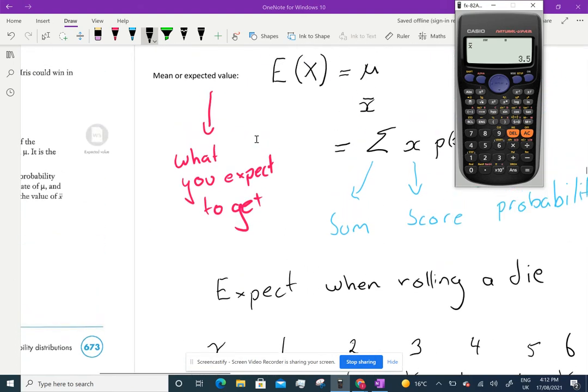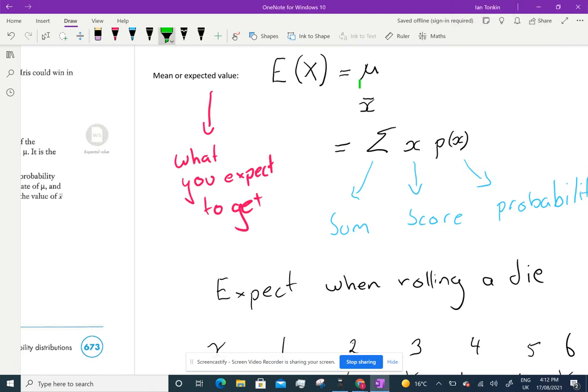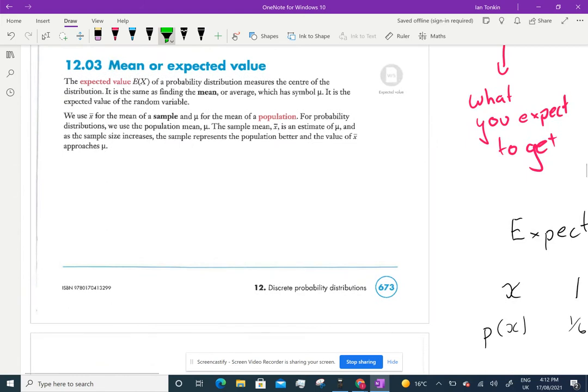Oh, we already have. Notice here, Greek letter. And here you can see it is the mean or expected value of a population. We use X bar for the mean of a sample and mu for the population.